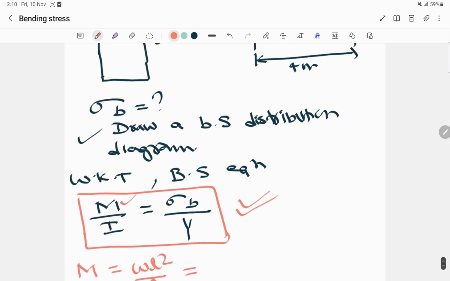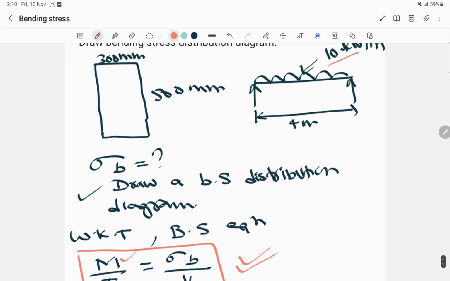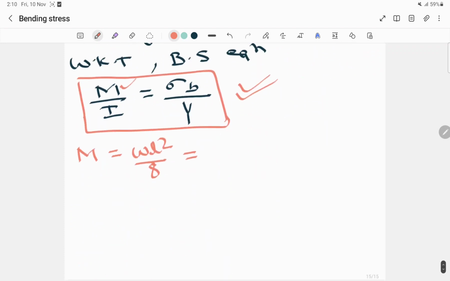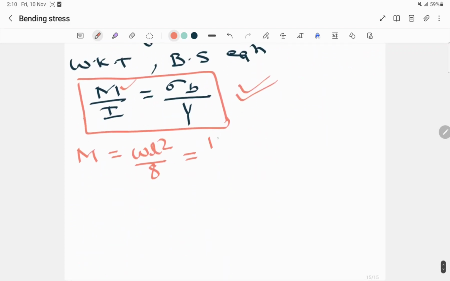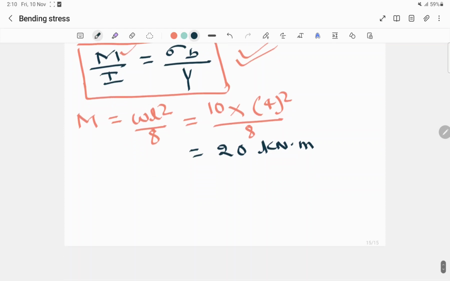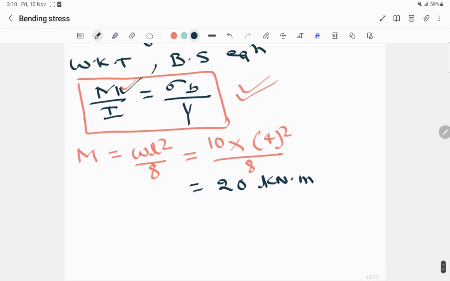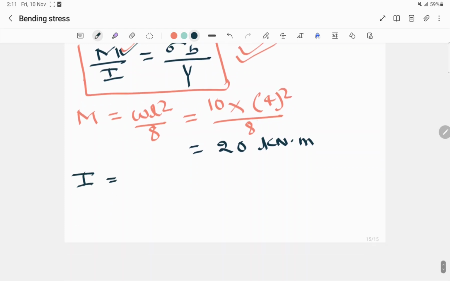So here the load is given and the span is 4 meter. Load is nothing but 10 into L is 4, the whole square, divided by 8. So here we'll be getting the answer about 20 kilonewton meter. Now we have this value with us. Second is to find I, the moment of inertia.